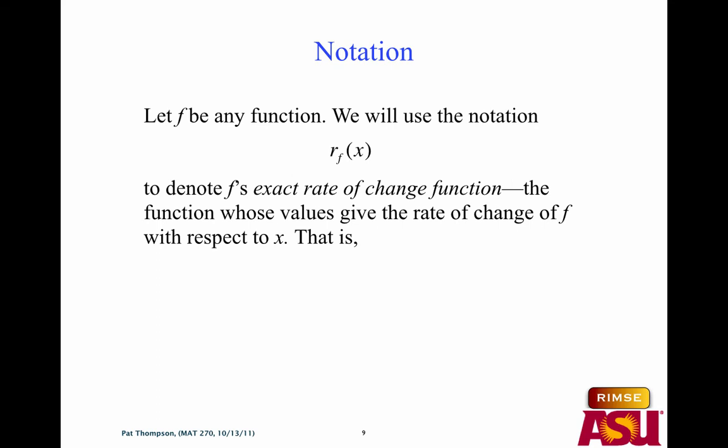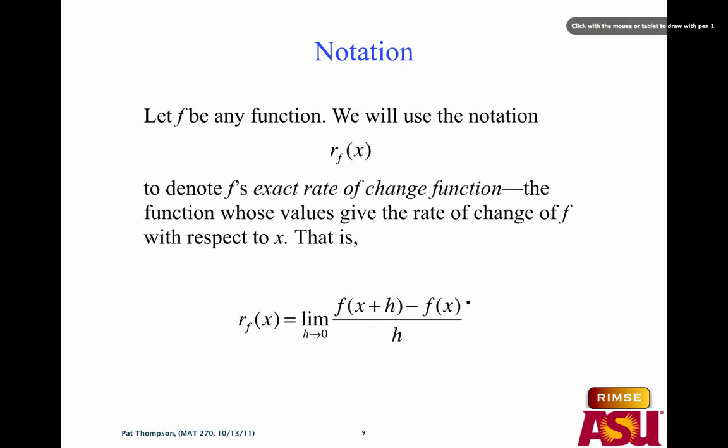That is to say that we're going to let r sub f of x equal the limit of the quotient that we talked about representing the average rate of change over small intervals of size h.